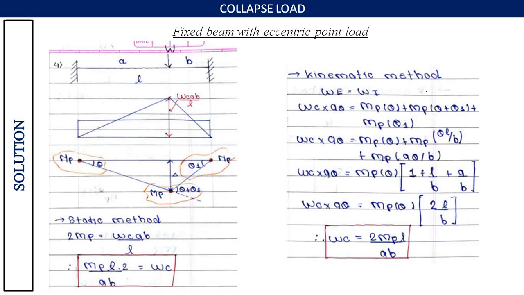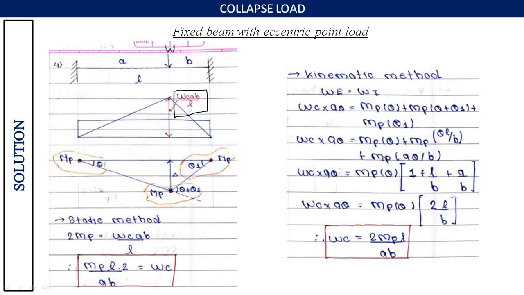Next, the fourth beam is a fixed beam with an eccentric point load. So let us see by using the static method. By the static method, the maximum moment is Wc ab by L, we have found.